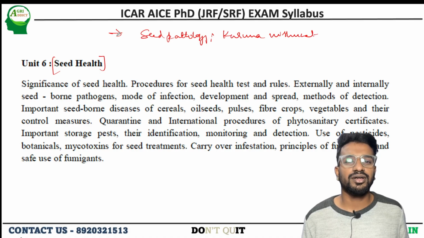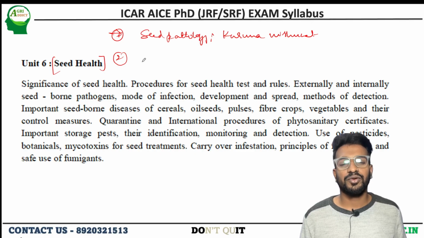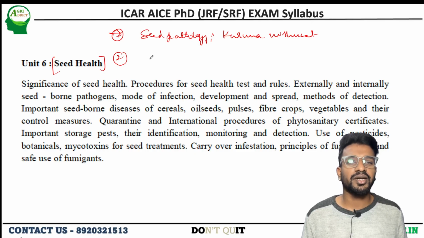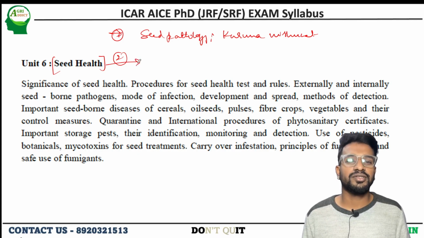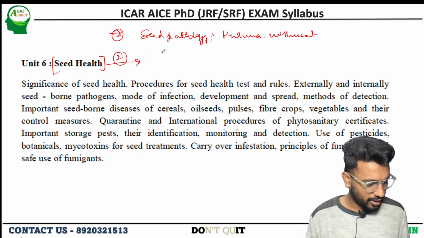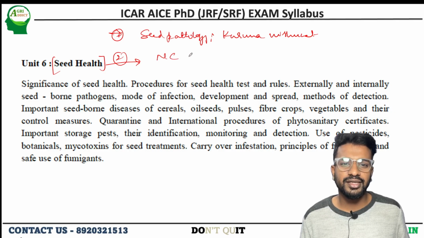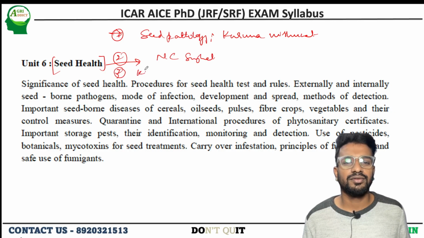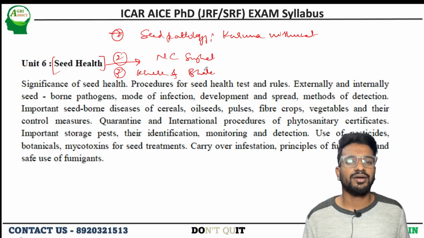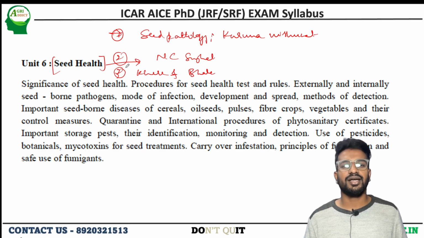Other than this book, use manuals; if you have any manuals from your MSc, or if you do not have any manuals at your university, try to collect them from different universities and cover the topics of seed health from there. You can also go for N.C. Singhal and Kare and Bale for seed health. Okay, so this will cover the seed health topics.